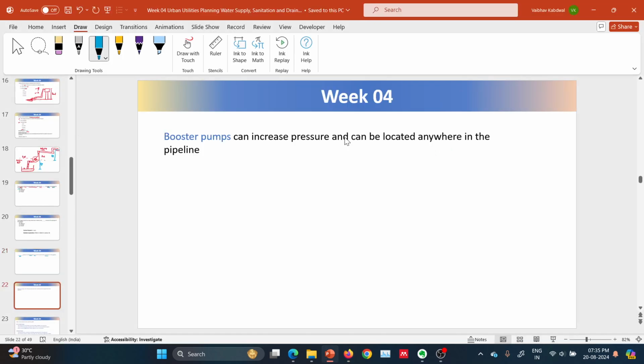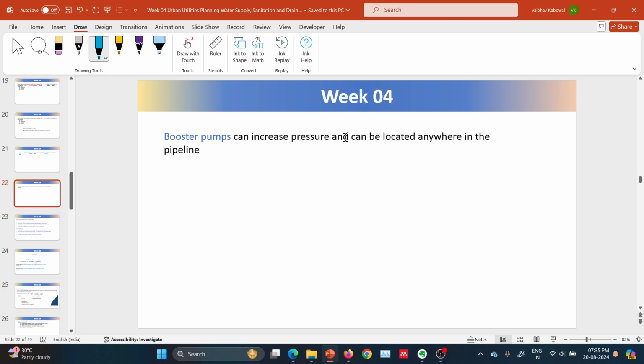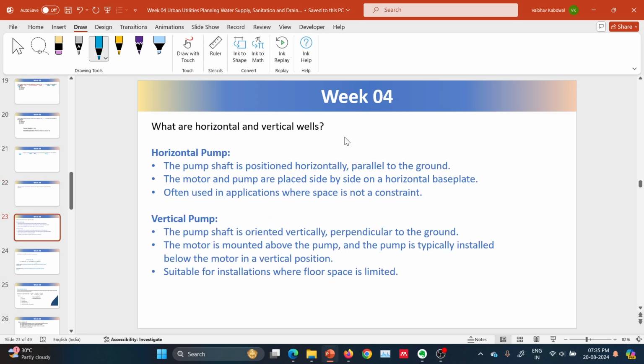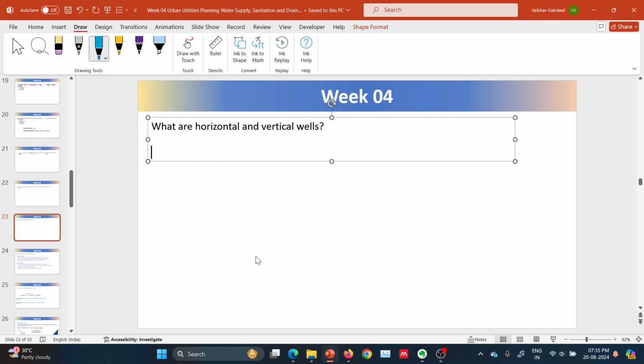These are booster pumps. Booster pumps can increase pressure and can be located anywhere in the pipeline. What are horizontal and vertical wells? What can you understand from the name horizontal and vertical wells?